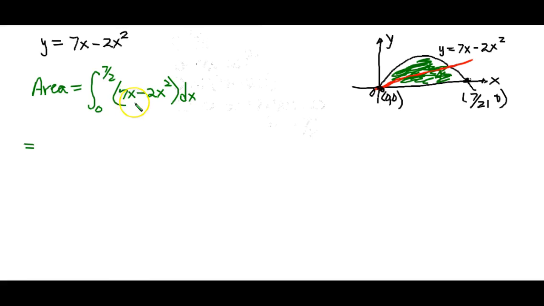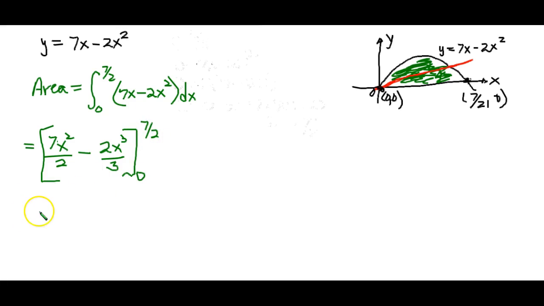To find the antiderivative of 7x, we get 7x squared over 2, minus the antiderivative of 2x squared, which is 2x cubed over 3. And we are evaluating this from 0 to 7/2.